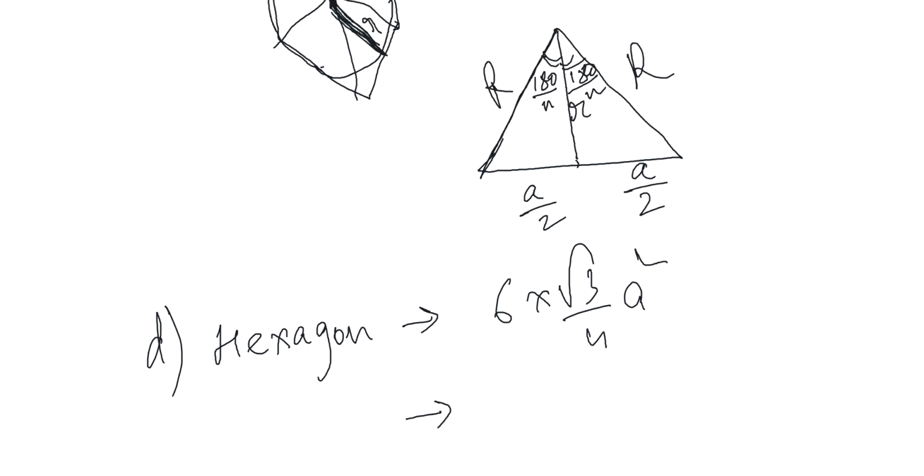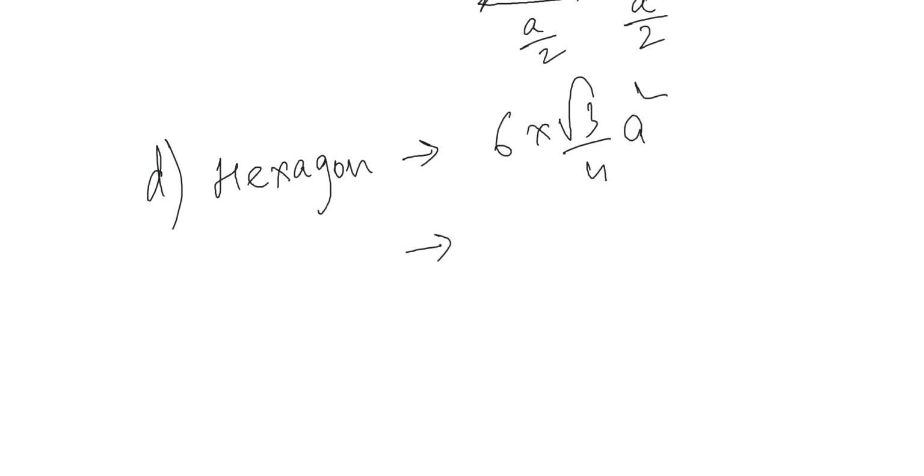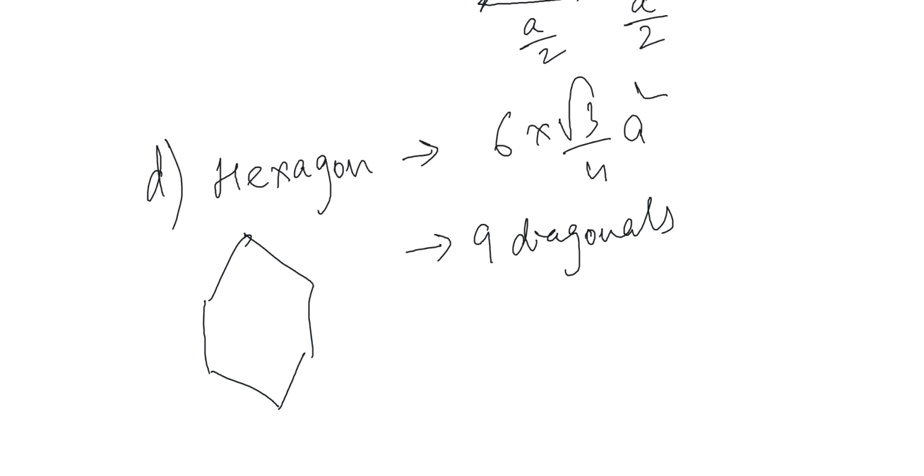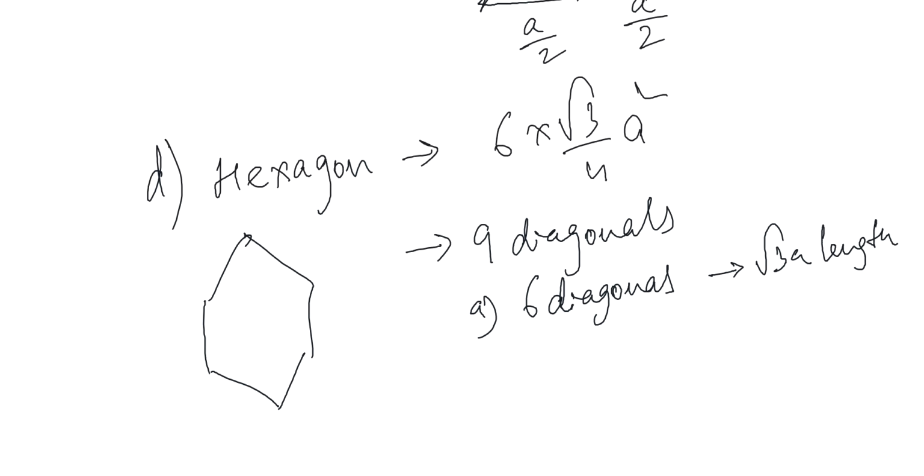Then we have a total of 9 diagonals in a hexagon. 6 of them are of root 3a length, and 3 of them are of 2a length, right?